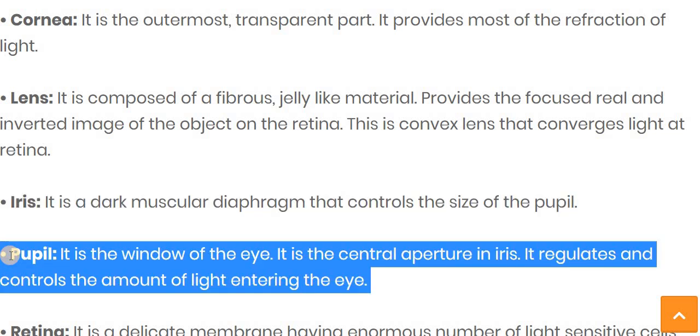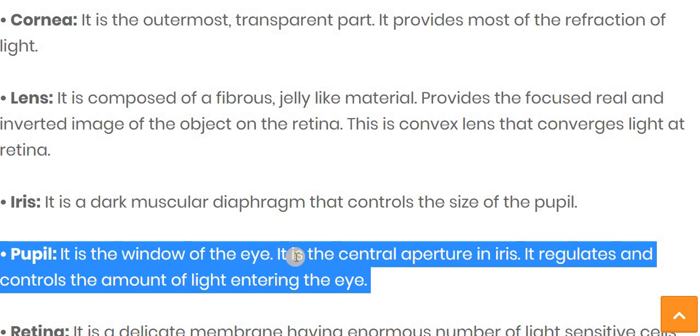Now the fourth part of the eye, the pupil. It is the window of the eye.